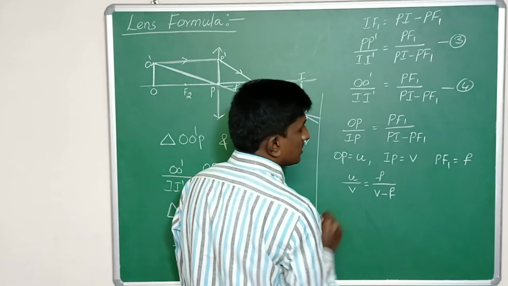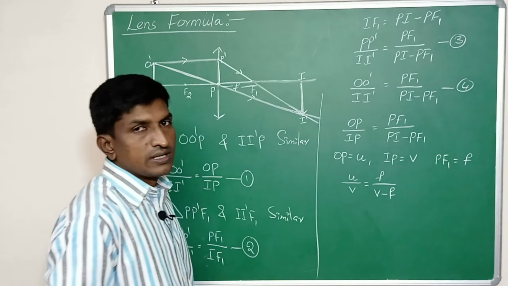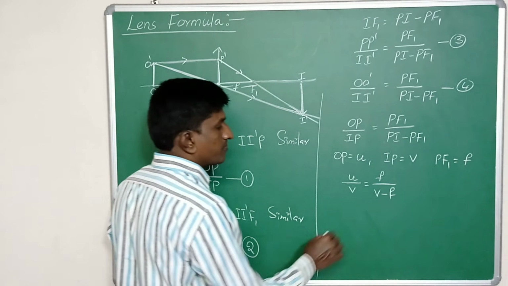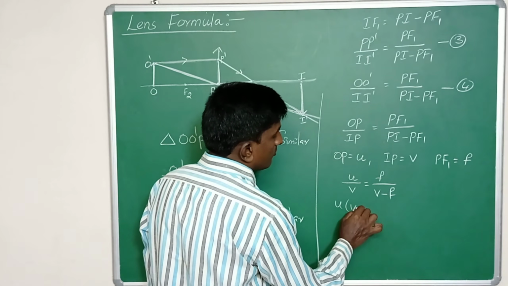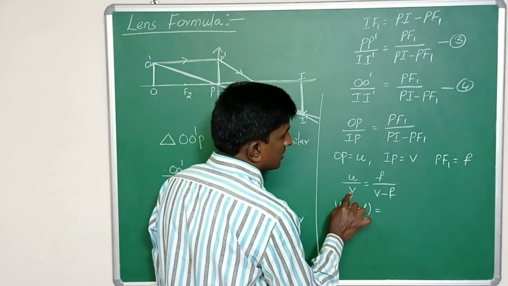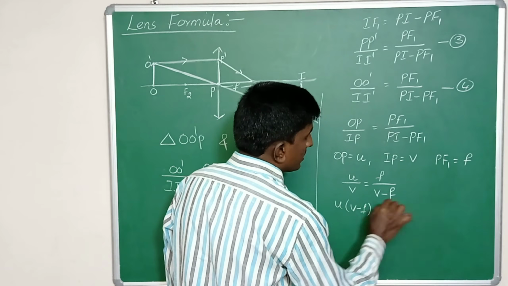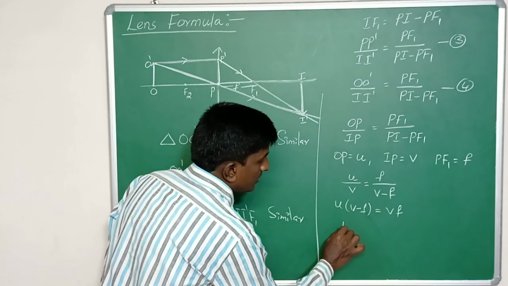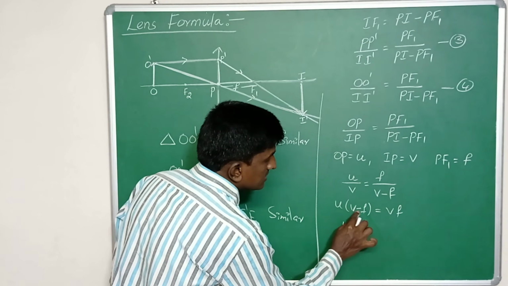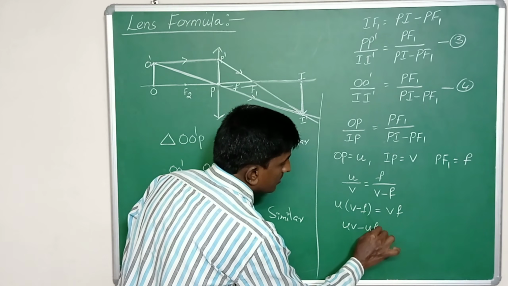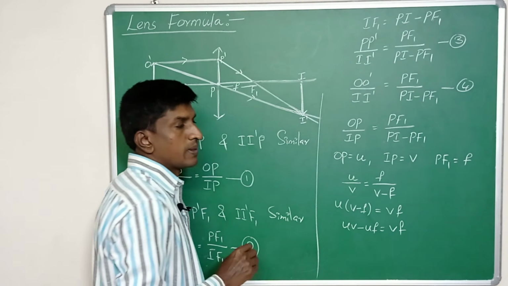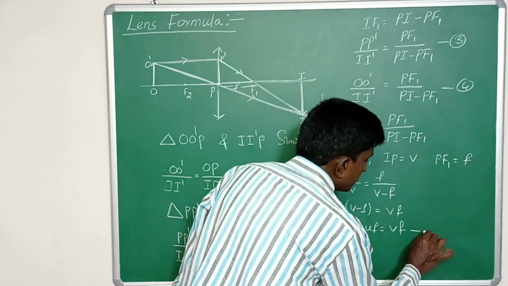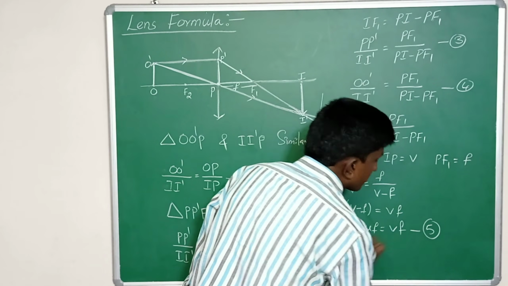On cross multiplication, u into (v minus f) equals v into f, so uv minus uf equals vf. Let us say this is the fifth equation.